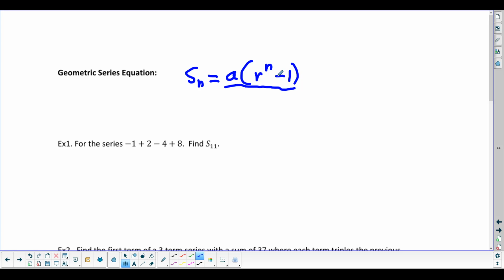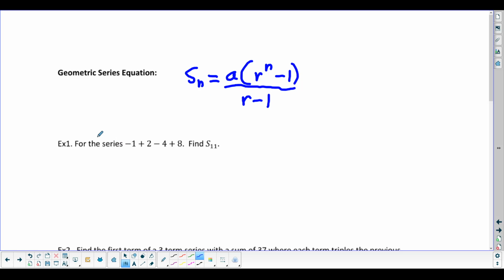It is in the base. Okay, so when we plug in for this, we're going to do something to the power of n. It equals on our calculator, and then go minus 1. And this is all over r minus 1. Okay, there's only one equation for this. There's no equation using t of n for geometric series.